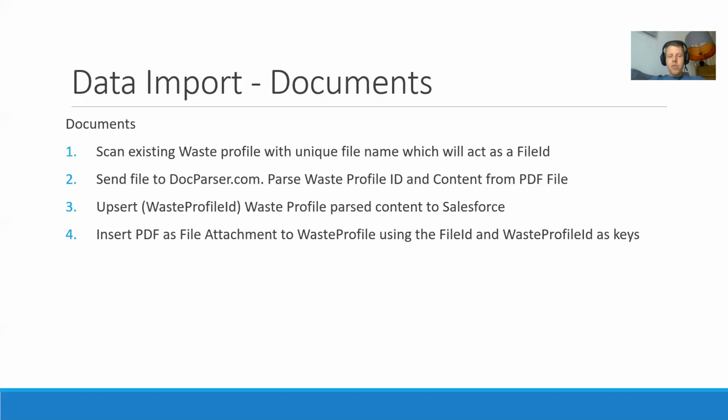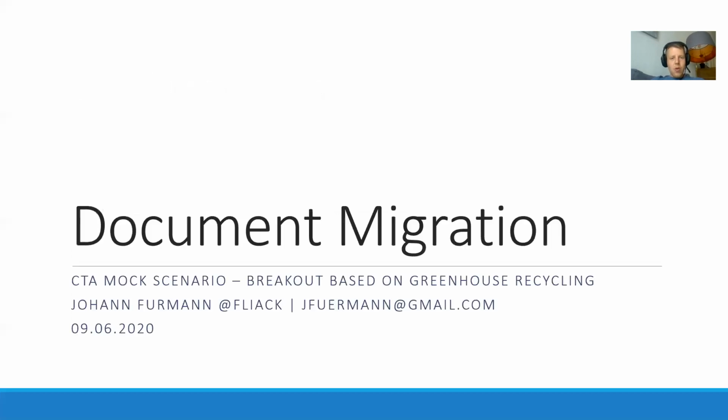And lastly, we will insert the PDF as a file attachment to the waste profile using the combination of the file ID and the waste profile ID, and therefore be able to upload the files attached to the waste profile. And this concludes my theory on how to solve the greenhouse recycling requirement of importing 200,000 or 400,000 printed-out documents into the new system.